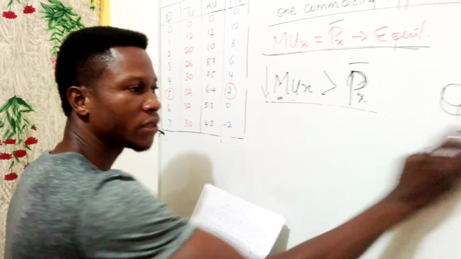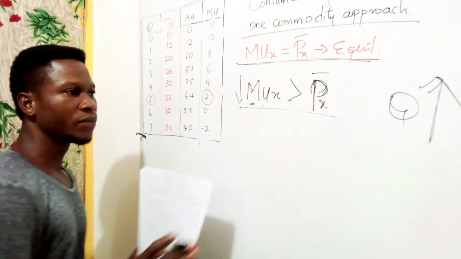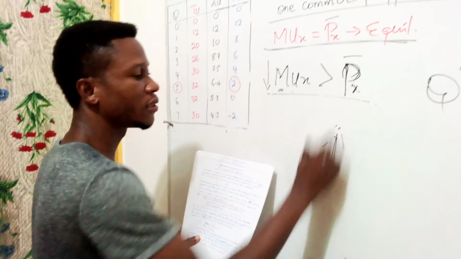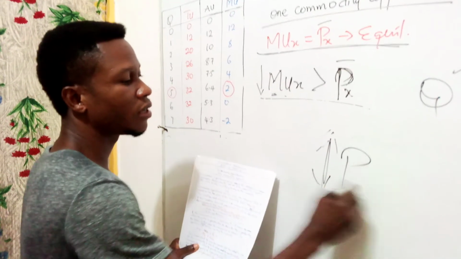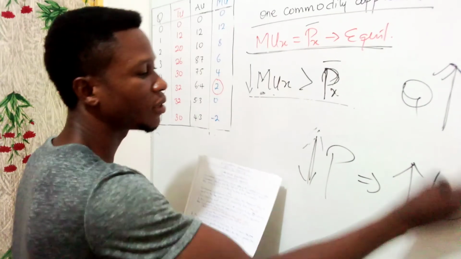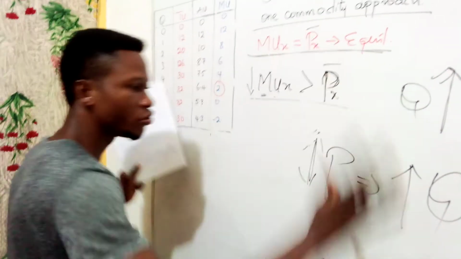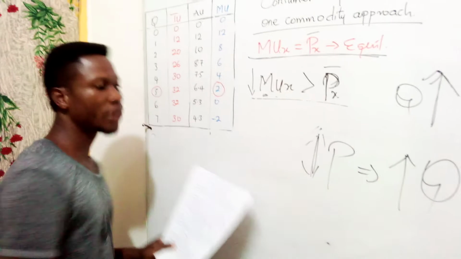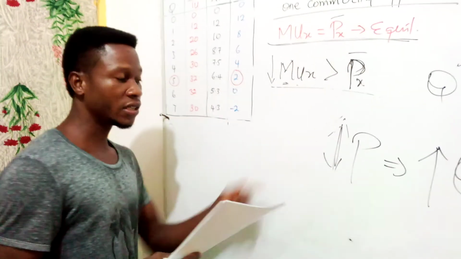And that explains the second part of the law of demand, which says that the lower the price, the higher the quantity consumed. And so this is used to explain the law of demand and also derive the demand curve.